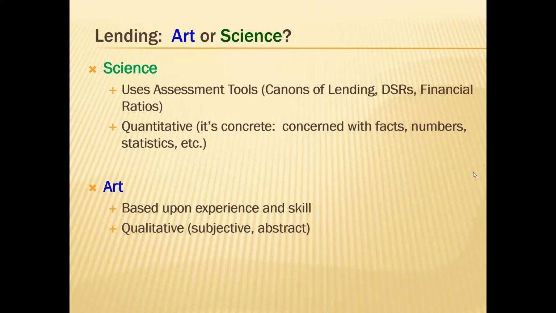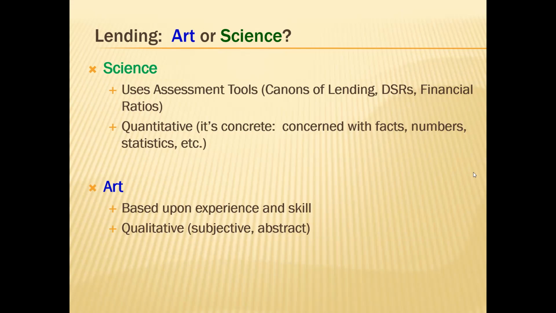And then we said it's a science also because it is quantitative, it's concrete, it's concerned with facts, numbers, statistics, etc. And then we said it was an art because it's based upon experience and skill. It was qualitative as opposed to quantitative like science, because it's subjective and abstract. And usually, again, it comes with experience and time.